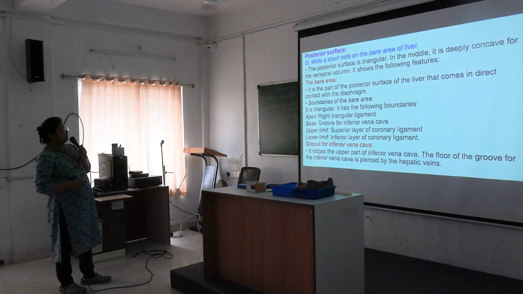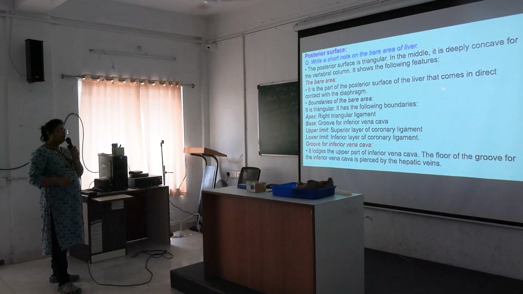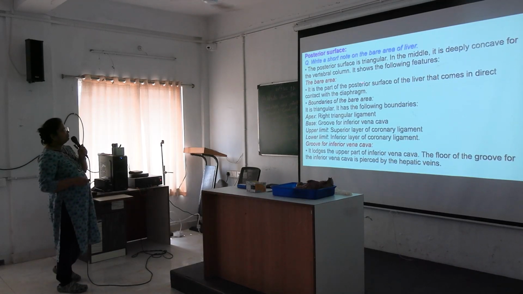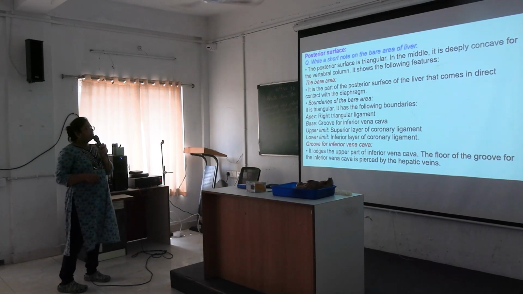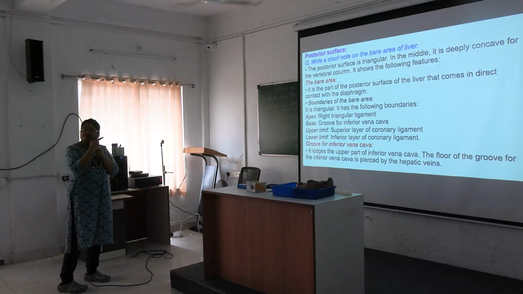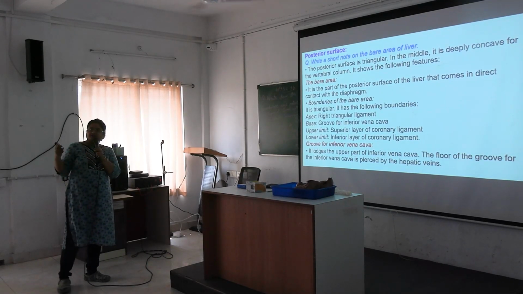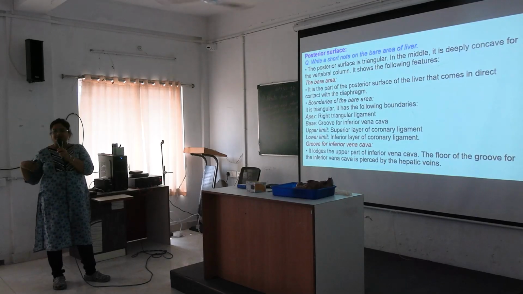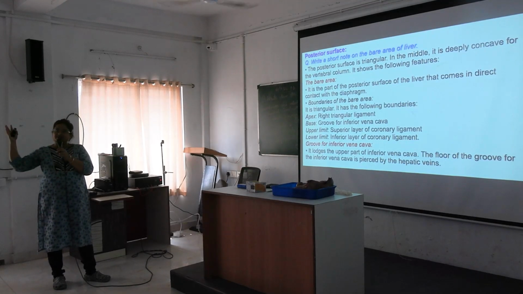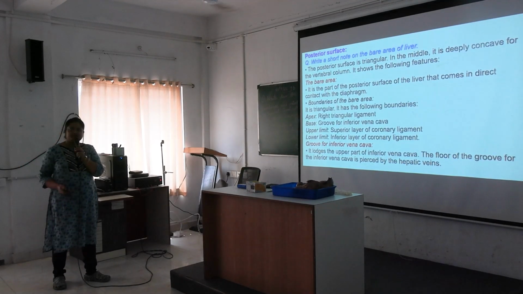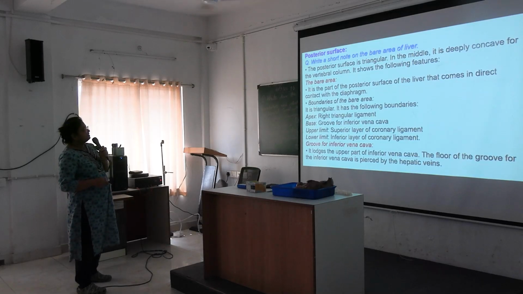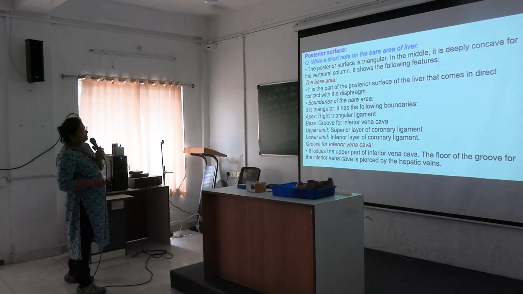It is the part of the posterior surface of the liver that comes in direct contact with the diaphragm, and portosystemic anastomosis also occurs here in the bare area, with hepatic sinusoidal radicals and the diaphragmatic veins. So these are the boundaries. It is a triangular area.